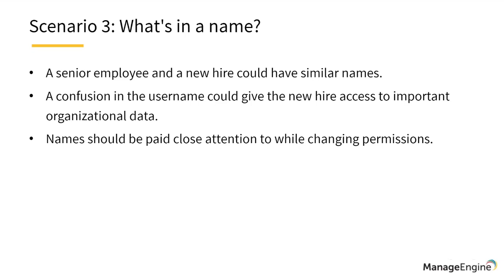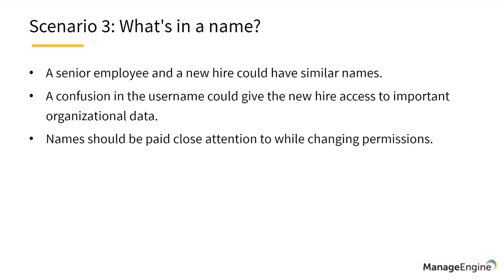The final scenario that I'm going to mention might sound a little silly, but it's actually something that a lot of people generally talk about. This has everything to do with names. So let's say you have a senior employee in your organization whose name is Ram, R-A-M. And then there's a new hire in your organization whose name is also Ram, but it's spelled R-A-A-M.